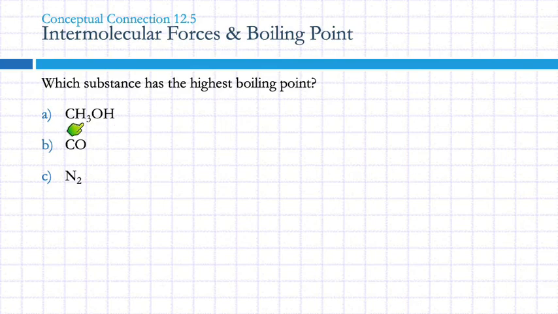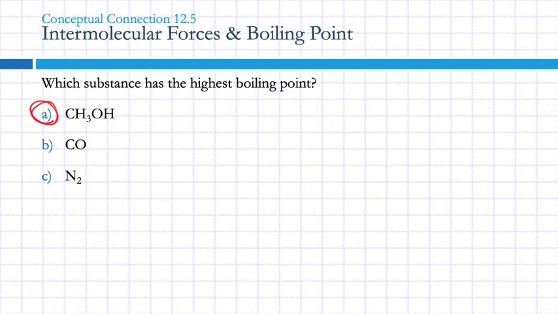How about this one? CH3OH. And this is implying that the oxygen and the hydrogen are bonded to each other. So this one has hydrogen bonding. We predict that that one is going to have the highest boiling point. If you compare the molar masses of these, you'll see that they are in the same ballpark.